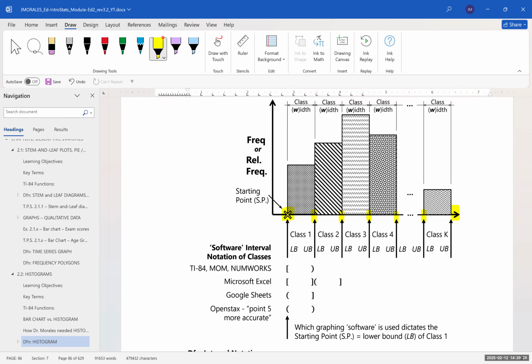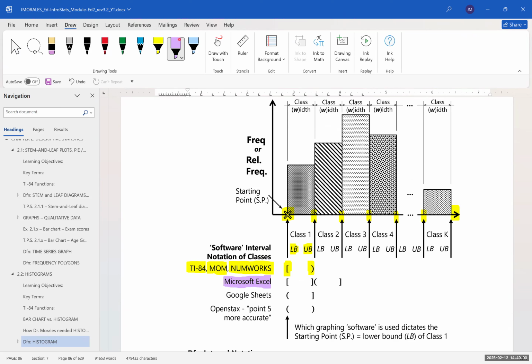Namely, the Texas Instruments calculator, the NumWorks calculator, and the online homework system define classes with interval notation: a left bracket for the lower bound and a parenthesis for the upper bound. Contrasting with the calculator and the online homework, we have Microsoft Excel.